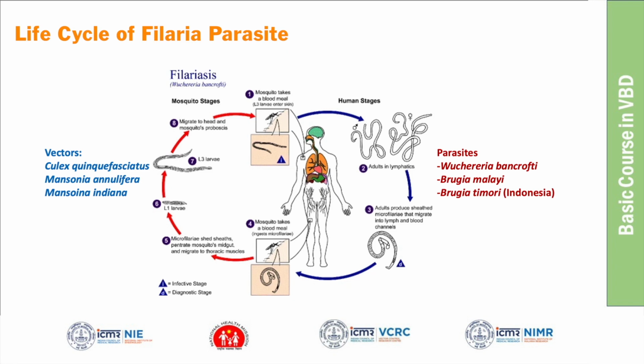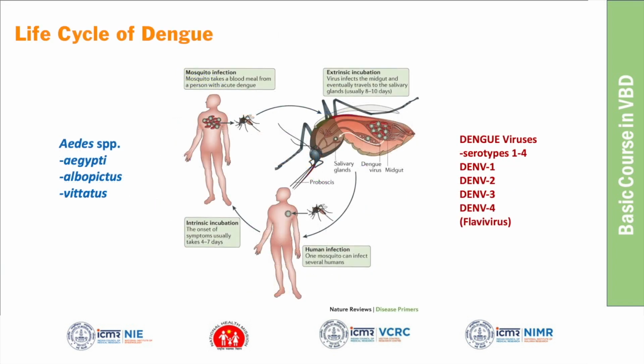L3 then migrates into the head region and finally into the proboscis, and when this infective vector bites the host, the parasite is injected into the injured part, and from there it moves into the peripheral circulation, and finally this L3 larva converts into adults, and then they lodge into lymphatics, as I mentioned earlier. This is how the cycle goes on.